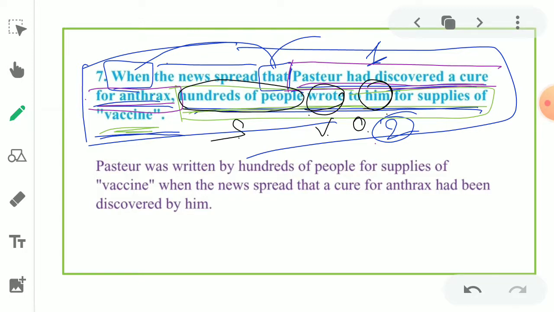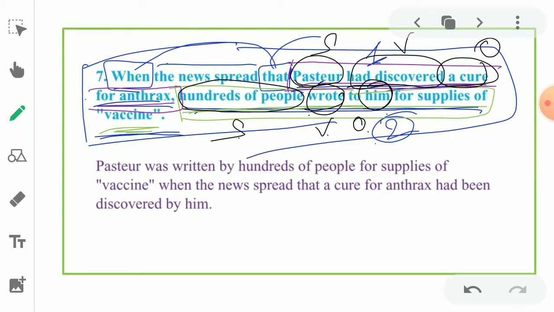Subject, verb, object. In the first sentence, Pasteur is the subject, had discovered is the verb, and a cure for anthrax is the object.